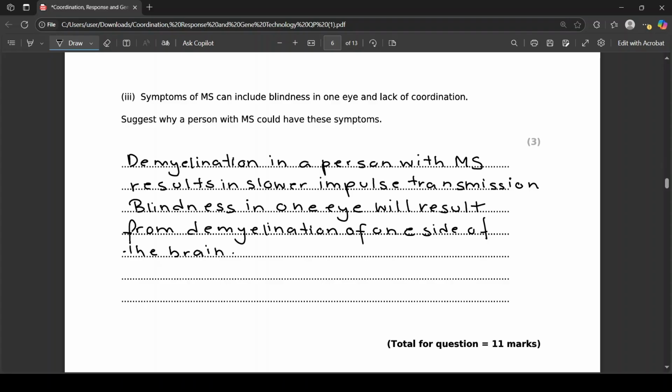And now we have to explain the symptoms and the effect of the lack of coordination. Okay, this one would be lack of coordination.